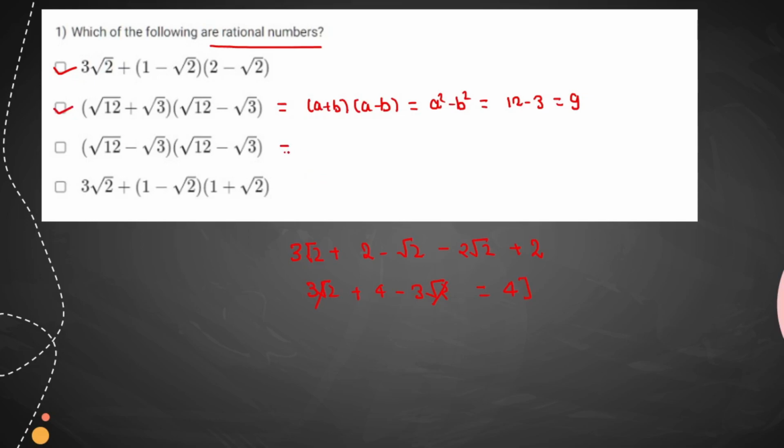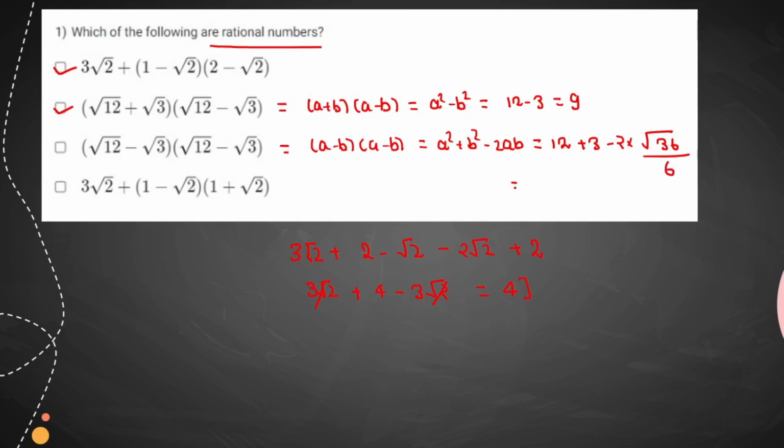The third option is root 12 minus root 3, root 12 minus root 3. So it is like a minus b and a minus b, so it will give a square plus b square minus 2ab. So it will give 12 plus 3 minus 2 times root 12 times 3, that will give root 36, and root 36 gives 6.